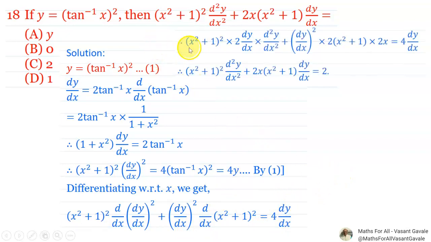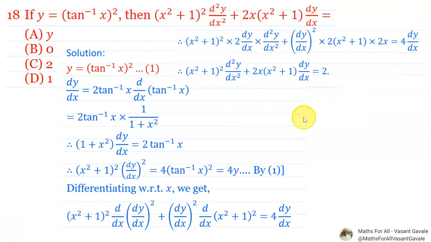Okay, next in bracket (x square plus 1) whole square into याचा derivative, 2 into dy by dx into derivative of dy by dx, which is d2y by dx square, plus (dy by dx) whole square into d by dx of (x square plus 1) whole square, that is 2 times (x square plus 1) into derivative of x square plus 1, which is 2x, and overall you will get here 4 into dy by dx.